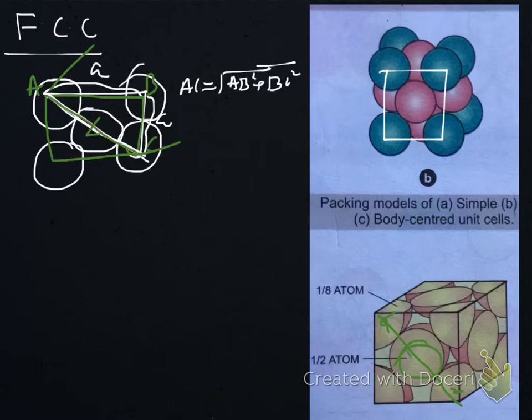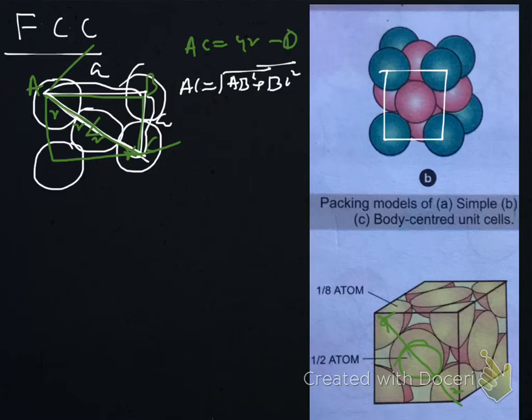How many radius can be seen here? This is 1r, this is r, this is r, this is again 1r. So AC equal to 4r, that is one relation.